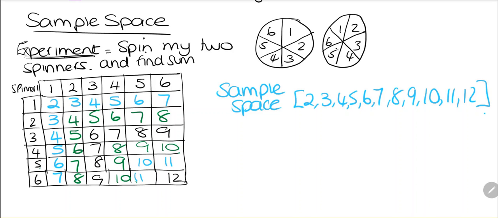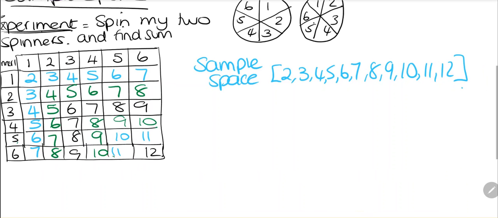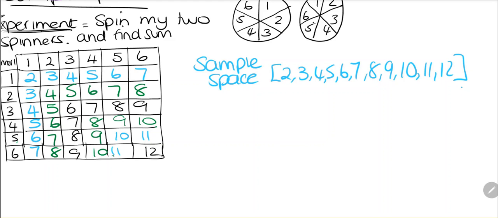Now, we want to create a probability distribution. We can do this as a table. So I'm going to put this sample space into a table. Now the probability, I'm going to be looking at the probability of X equaling the variable that I'm going to use.